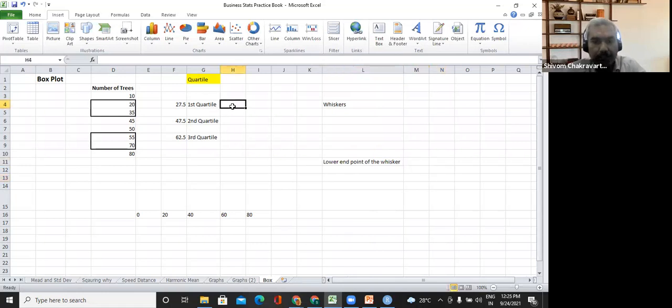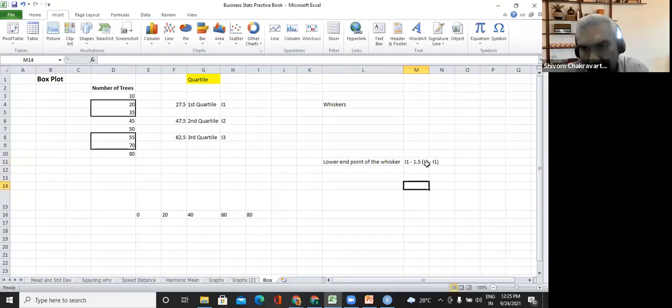Let me call the first quartile I1, the second I2, and the third quartile I3. For the lower end of the whisker, we take I1 minus 1.5 multiplied by I3 minus I1.